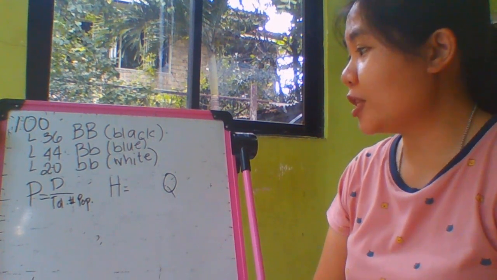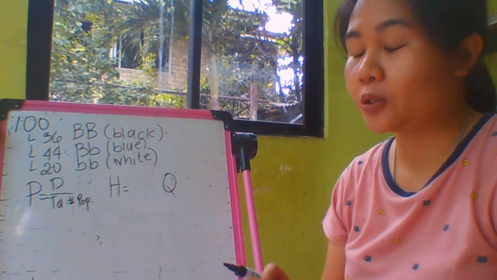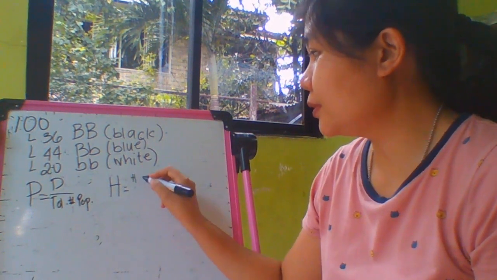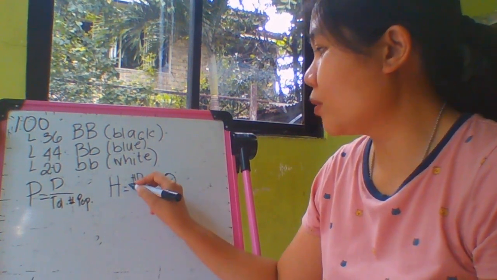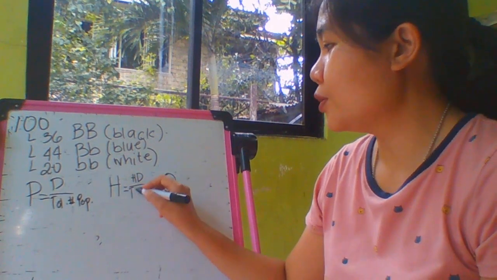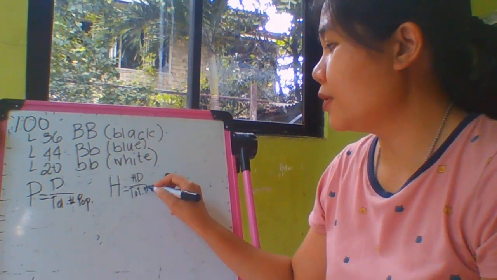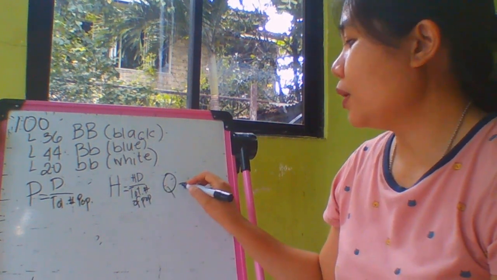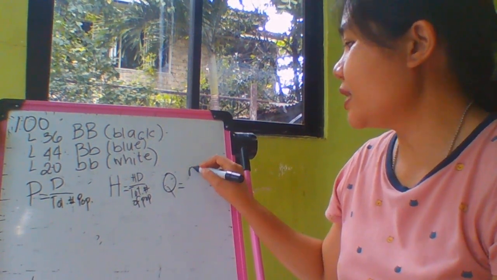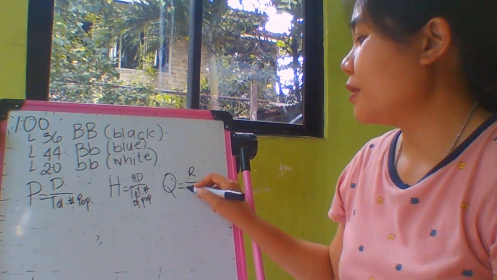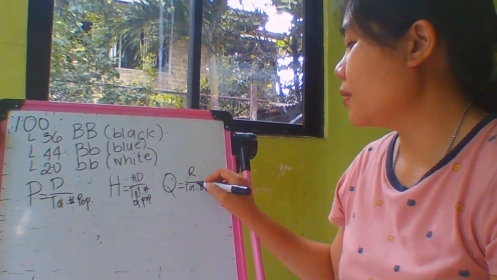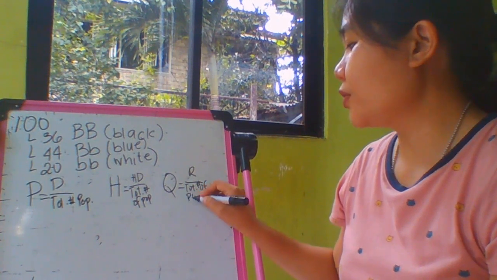For H, this is the heterozygous, so we have the heterozygous over the total number of population. While the Q, we have the recessive over the total number of population.